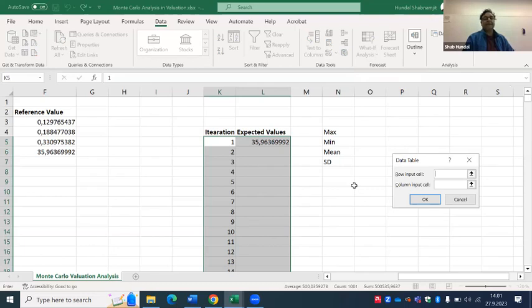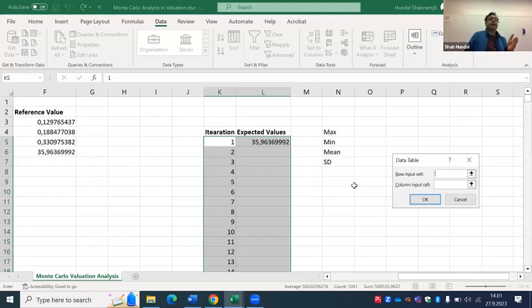I will simply ignore the row input. You know why? Because all my iterations are in the column. I want the column to be filled, not the row. You with me? I want column. Which column is this? This expected value?